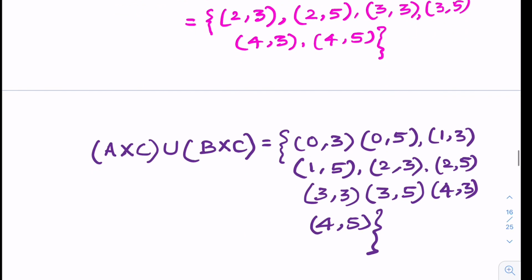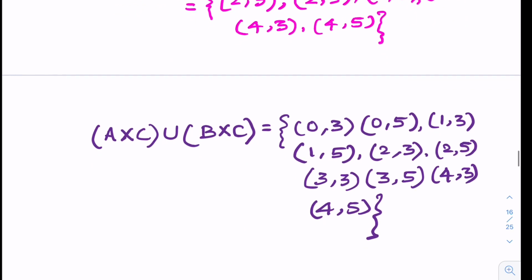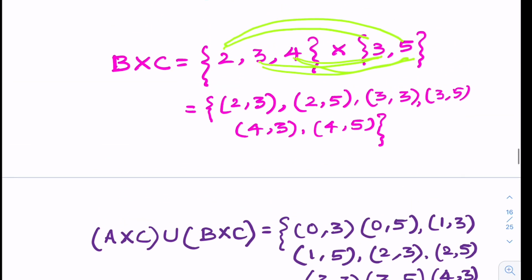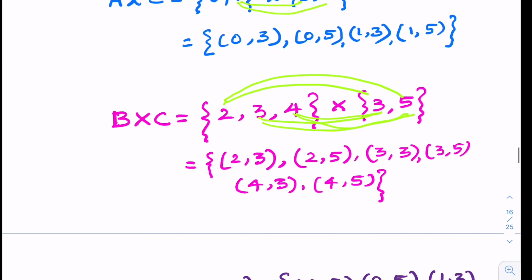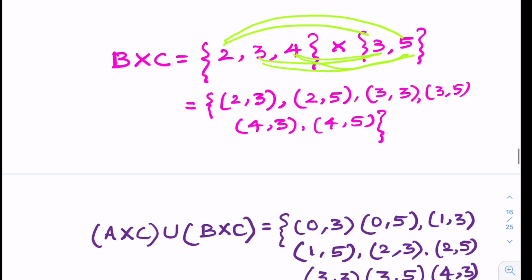Now we have to find A cross C union B cross C. So A cross C we have already found out. It is a set of ordered pairs with 4 elements, and B cross C is a set of ordered pairs with 6 elements. So now union.